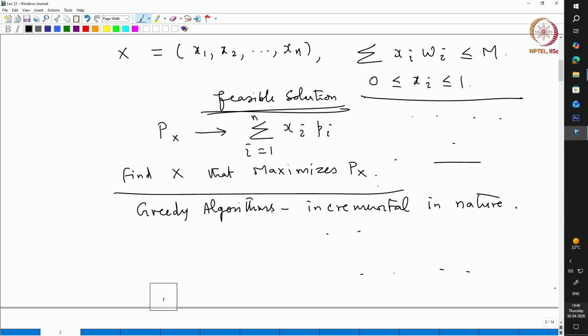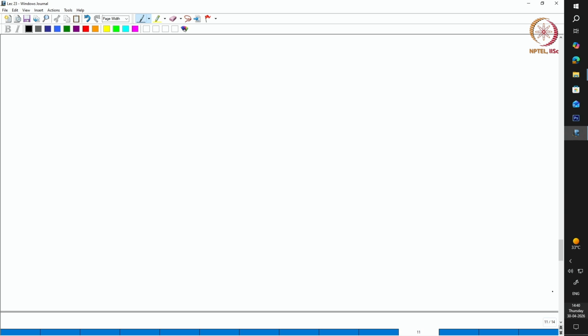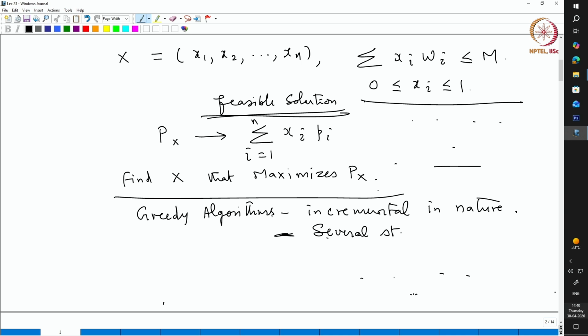It builds the solution in several stages. Okay, it is a greedy algorithm.